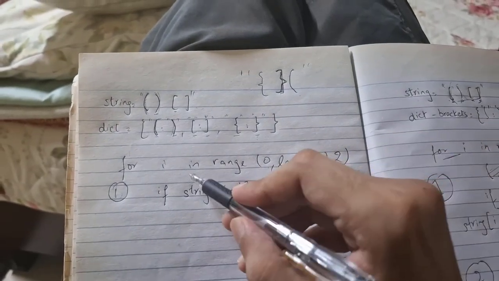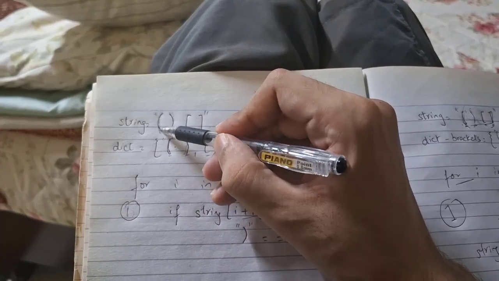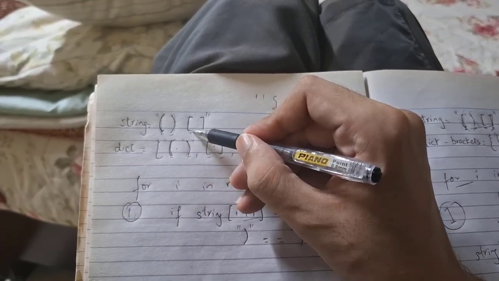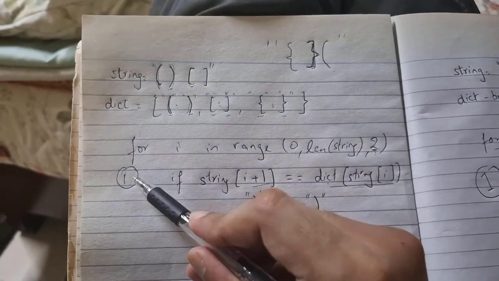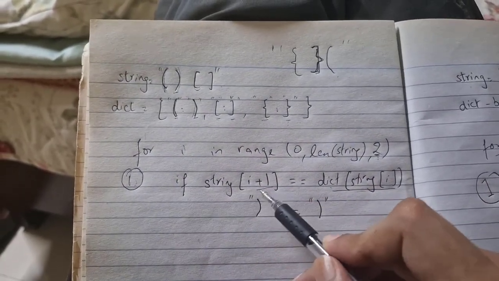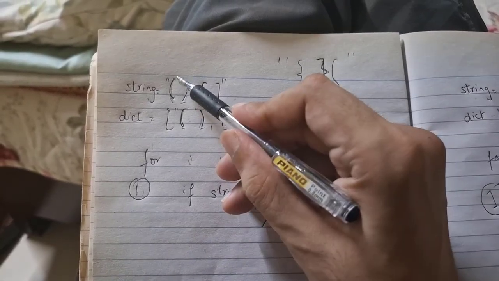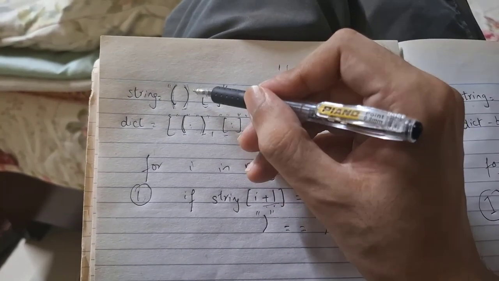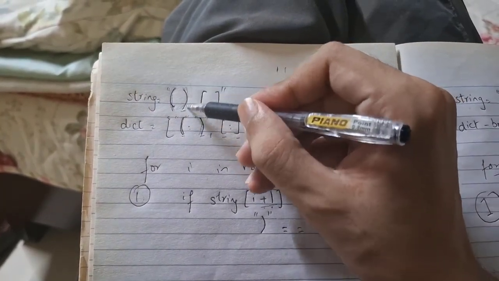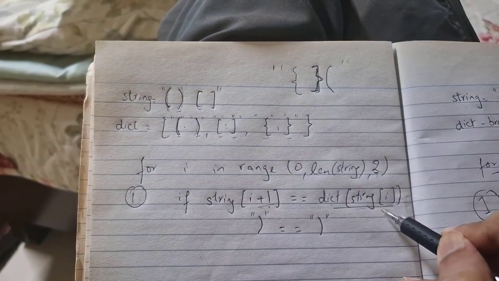So in our for loop iterations, first we would get this opening bracket and then this opening square bracket, right? So in our first iteration, we would see if string i plus 1. What is string i? String i in this case is index 0, this opening bracket. We would see if i plus 1, which is this closing parenthesis, is equivalent to the value of string i.